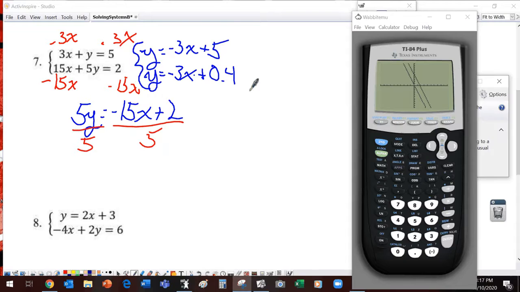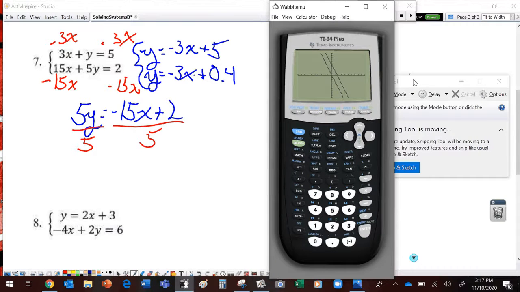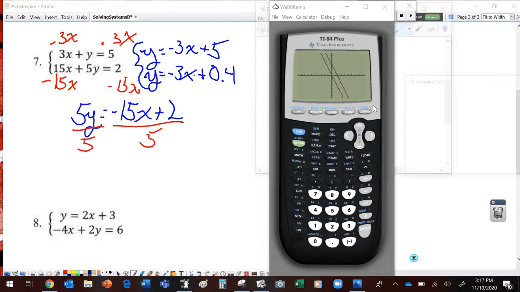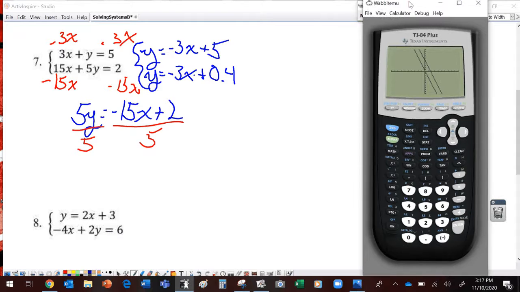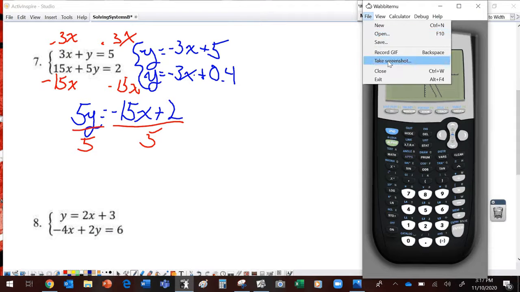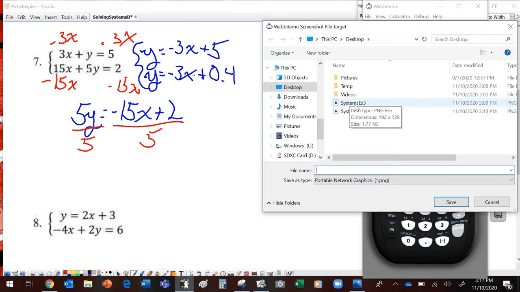I'm going to do a little shortcut here for us, and then come here and paste. Take a screenshot. Call it systems example 7.